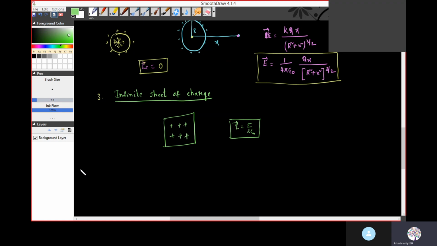Uniformly charged semicircular ring. So there is a ring here which is having positive charge.